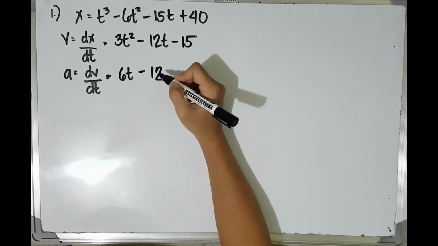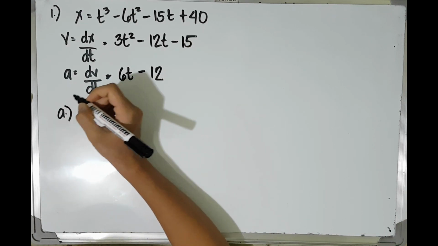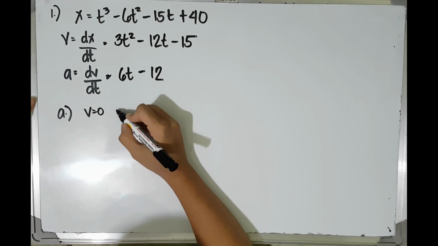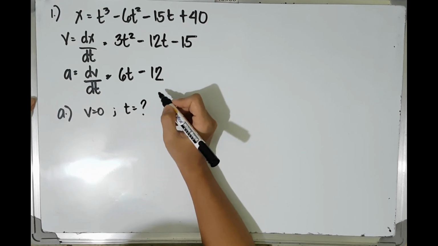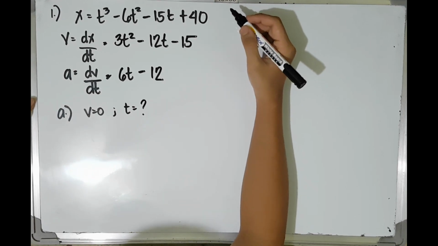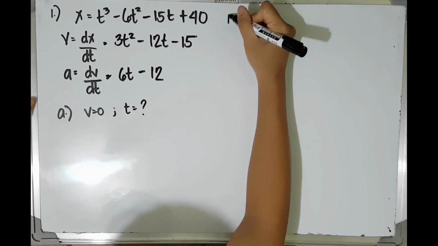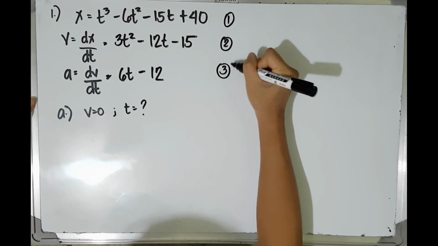So if the velocity will be equal to 0, at what time will the velocity be 0? To determine that, we will equate equation 2 to 0.